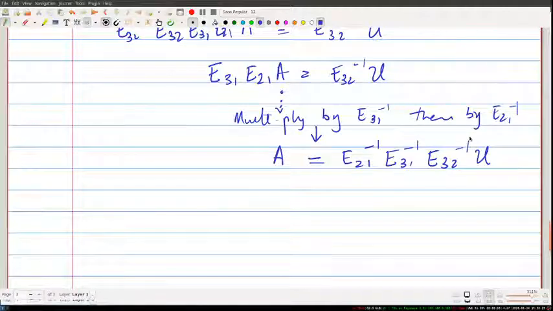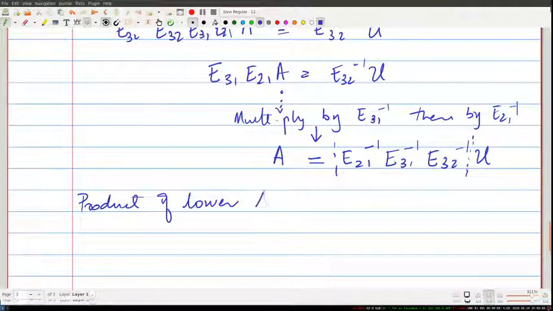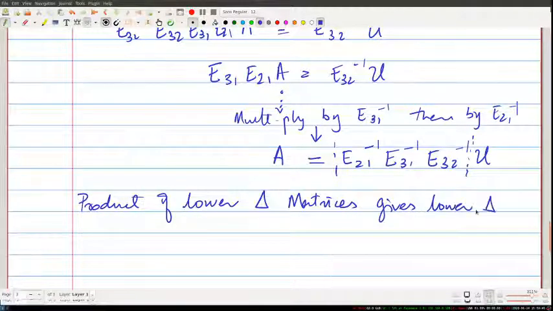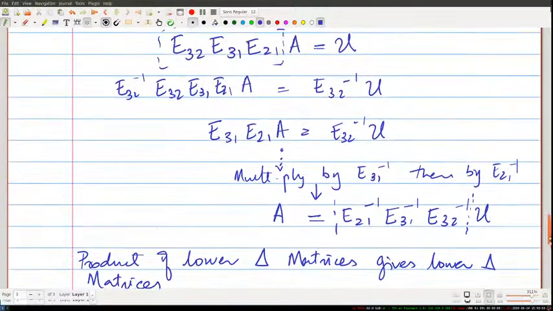And now I want to simplify this by noticing one important thing, that all 3 of them are lower triangular matrices. And an important fact is that the product of lower triangular matrices gives lower triangular matrices. So I can combine them, and we can even check that, right?